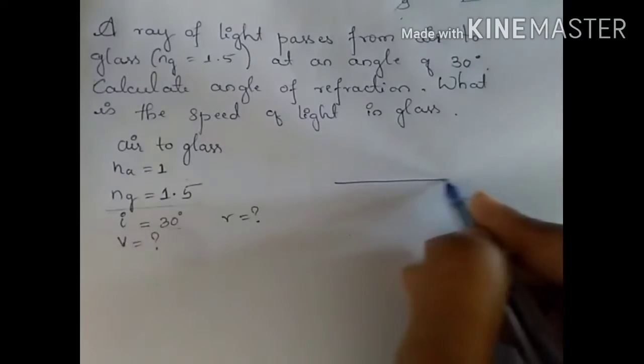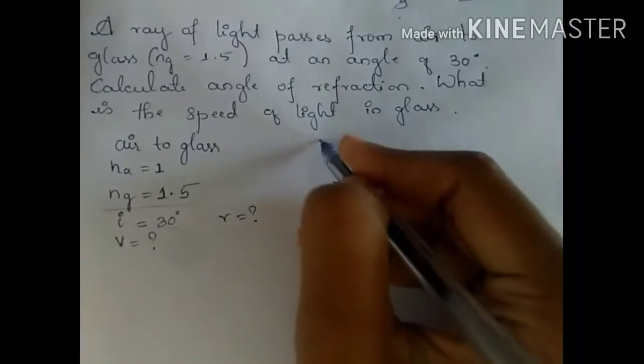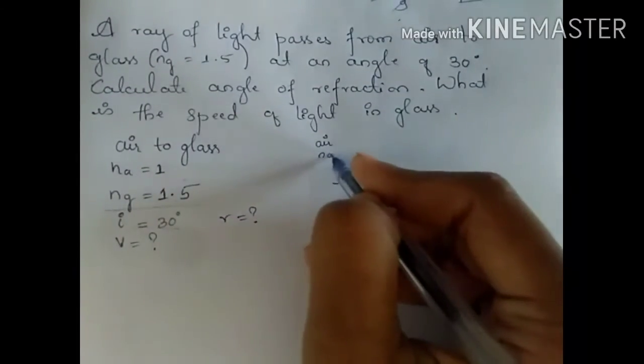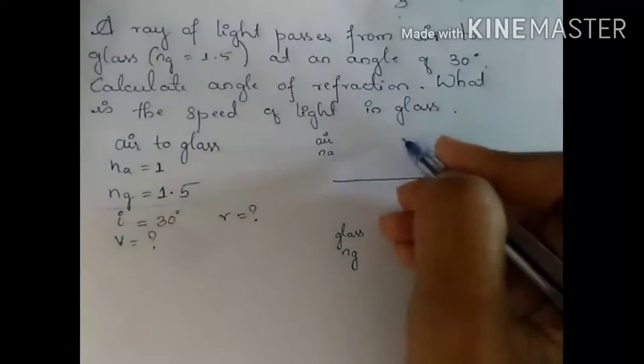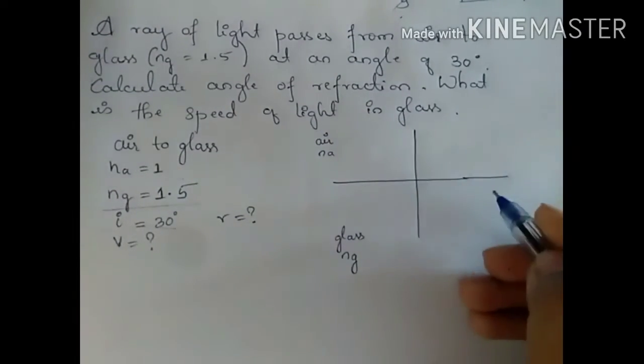So if this is the interface, if this is glass, this is air, so Na, Ng, there is a normal drawn at the interface.